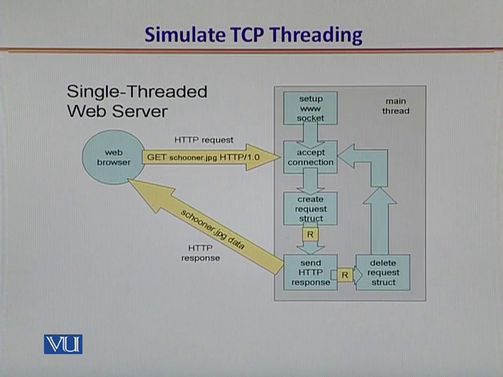So if we summarize, the single threaded web server runs only one program, we can also call it the main thread. The requests arrive on the main thread itself. The connection is accepted. The request is extracted and processed, and response is generated in a first come first serve basis.